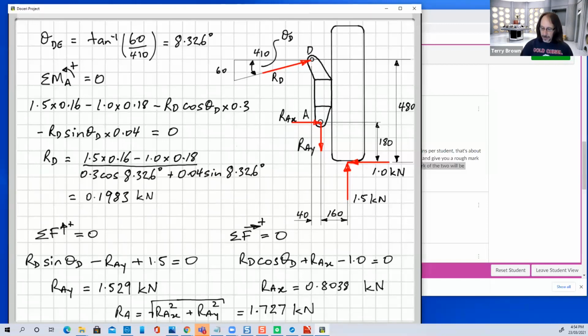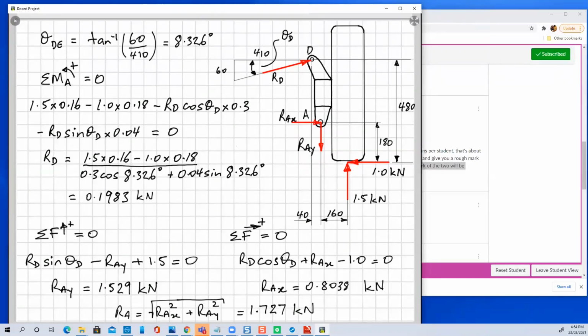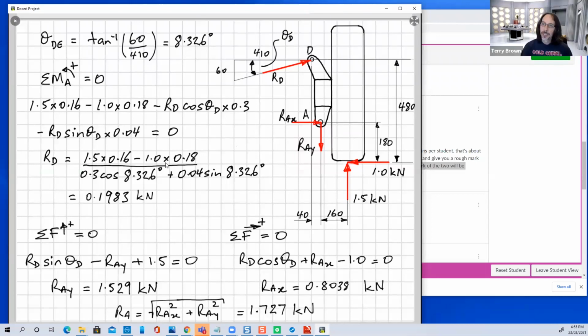Then when we go to the next page and draw the free body diagram of ABC, we'll have equal and opposite forces at A, because what we'll be showing on that lower member are the forces that the upright exerts on the lower control arm.